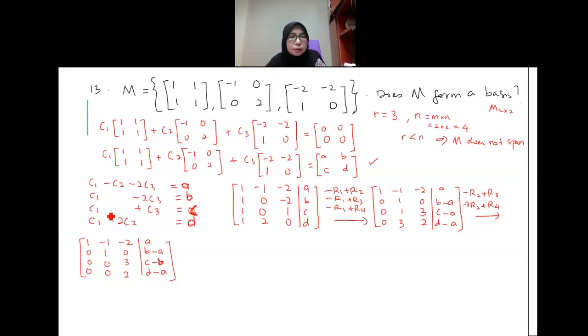So next one, I should perform a row operation to get a leading one. So 1 over 3 R3, leading one. So here 1, -1, -2. Alright, 0, 1, 0, 0, 0, 1, 0, 2.